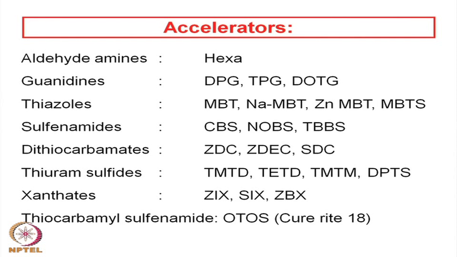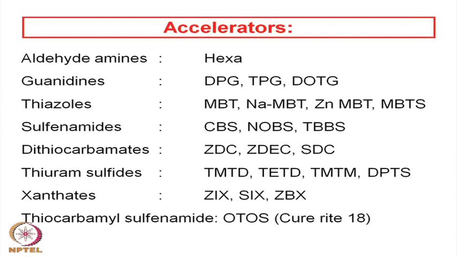There are a large number of accelerators available for vulcanization of rubbers. Accelerators are used for accelerating the reaction between sulfur and rubber.